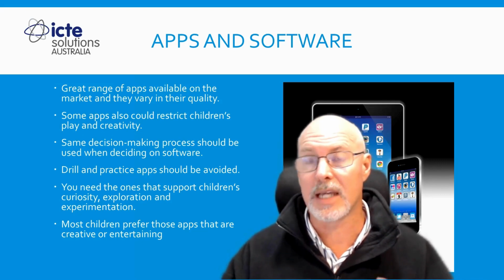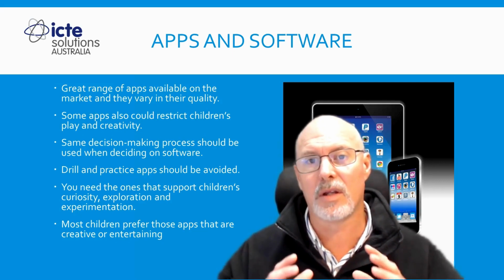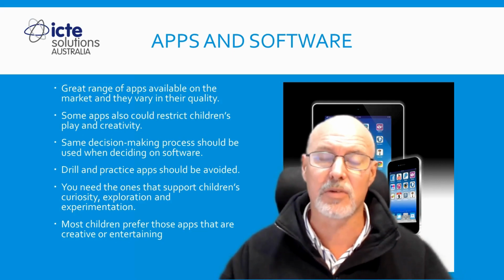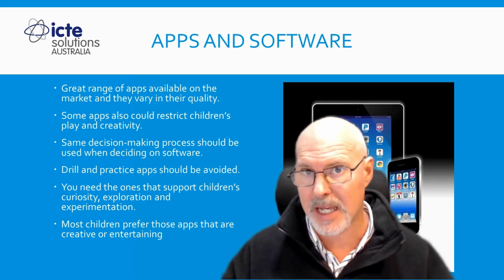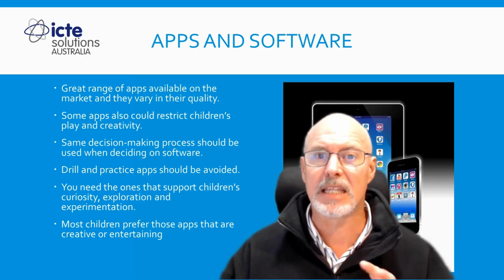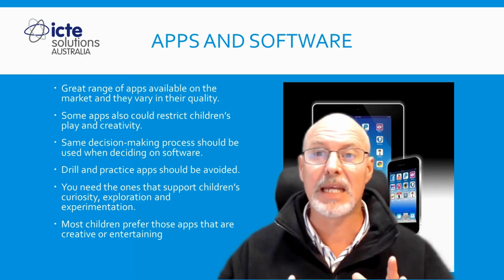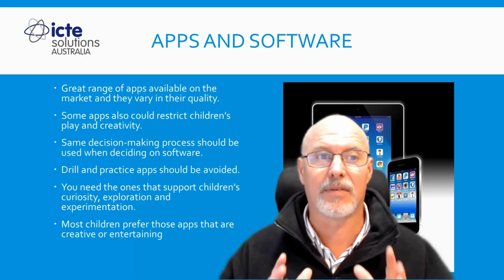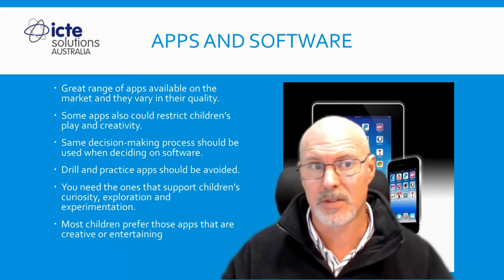According to the Education Hub, the apps that you need are the ones that support children's curiosity, exploration, and experimentation. It is said that these types of apps allow children to make meaning, discover for themselves, and generate their own conclusions.